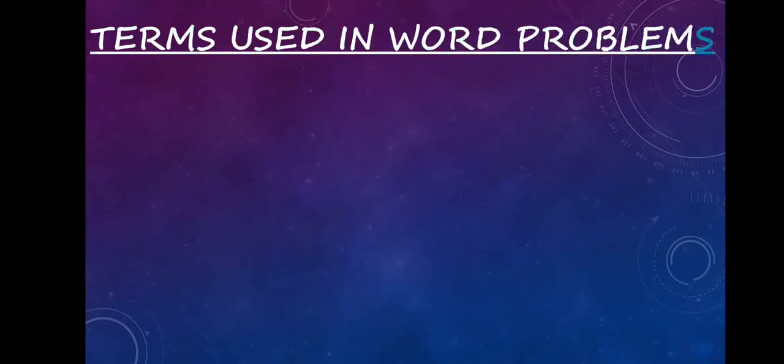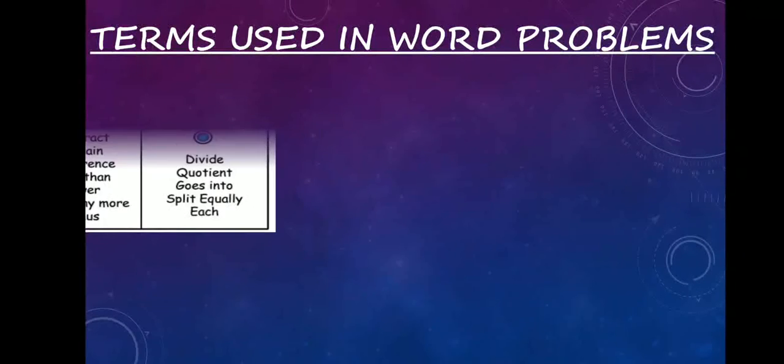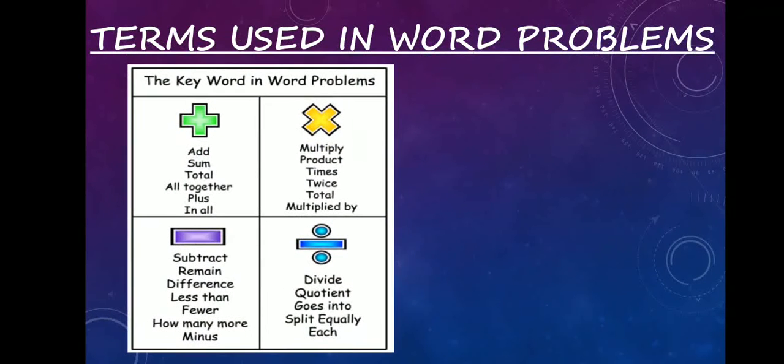Coming to the next, I'll discuss the terms that we use commonly in word problems. Keywords in word problems. Addition: the commonly used words in word problems for addition are sum, total, altogether, plus, in all.